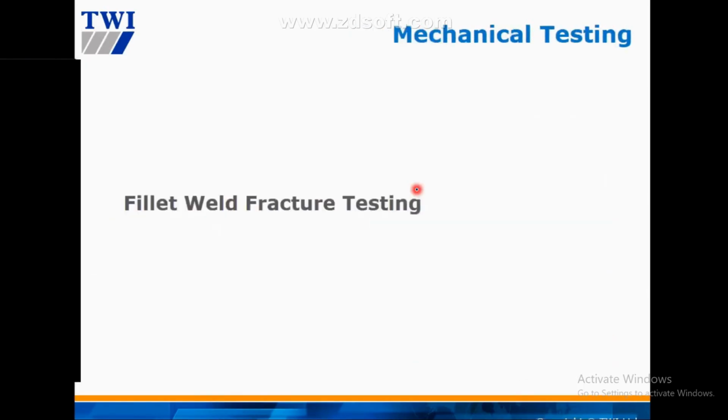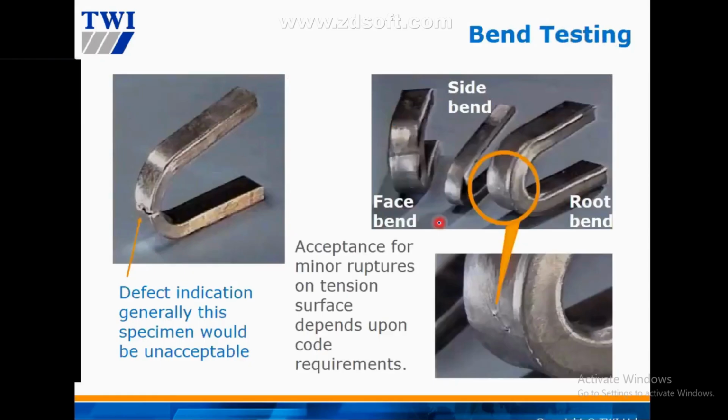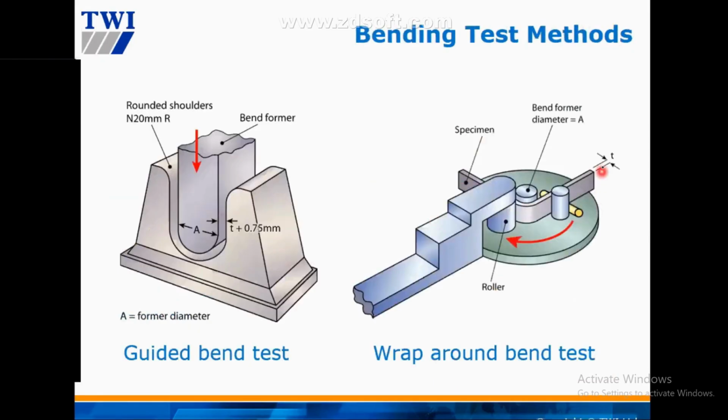All right, we talk about the diameter of the former. They got 40. For example, the thickness is 10 mm and the former diameter must be 4 times 10, so we get 40 mm.